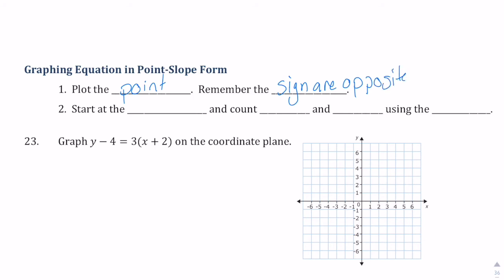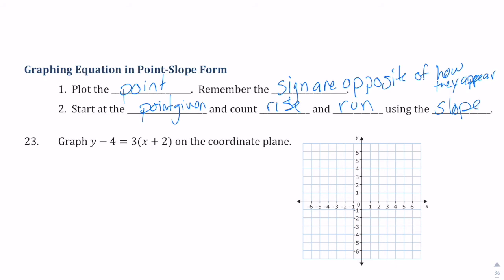What do I mean by that? We'll see in a second. So we're going to start at the point given and count by the rise and run using the slope.